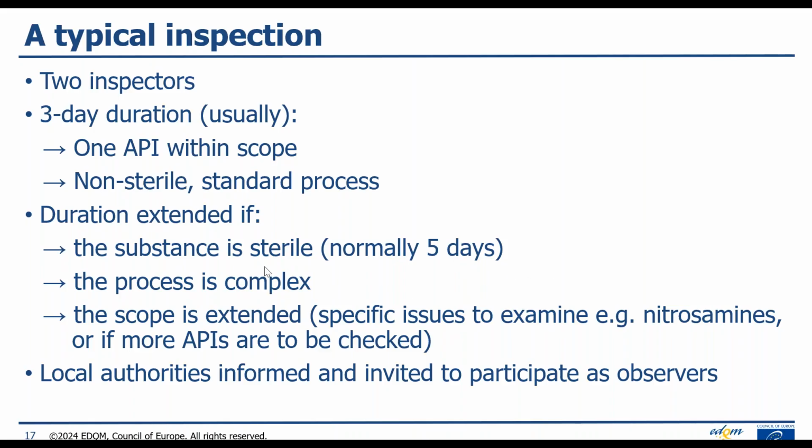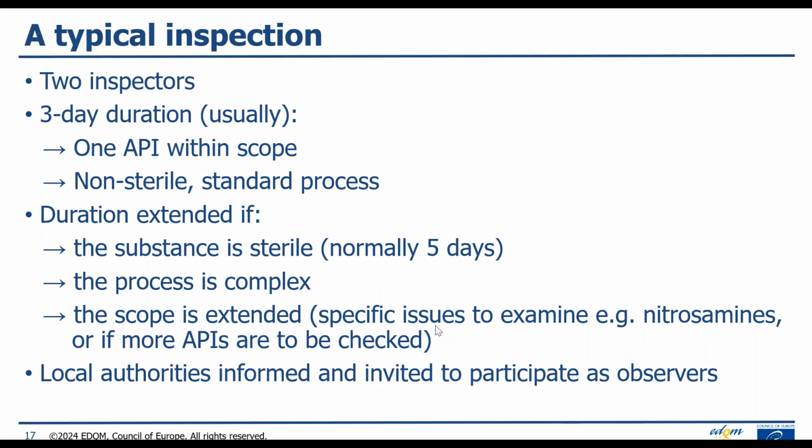For example, if the substance is sterile, this would normally require 5 days. If the process is complex, we may decide to do an extra day, or if the scope is extended or there are specific issues to be checked, for example the nitrosamines inspections a few years ago, or if more APIs are included within the scope compared to the normal single API.